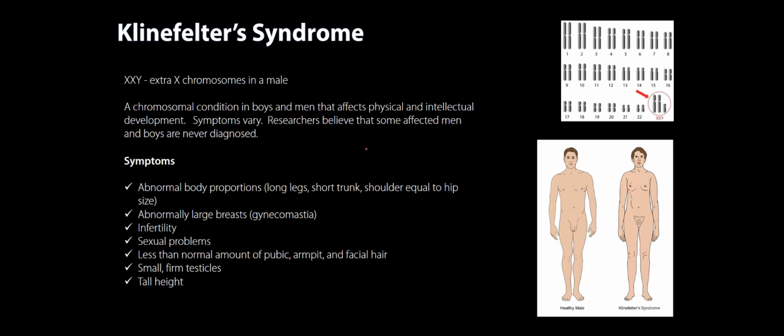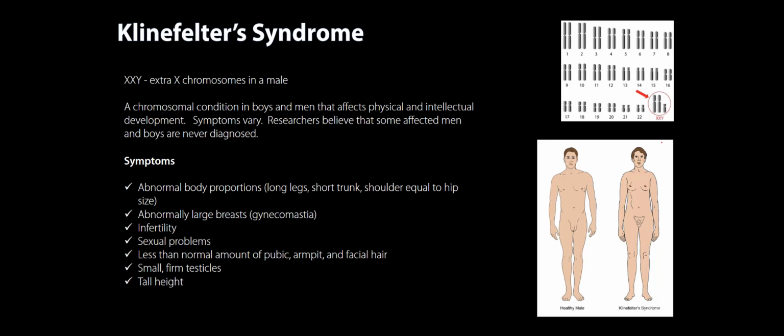Klinefelter syndrome is when you have extra X chromosomes. In this case, the male has 2 X chromosomes and then the Y chromosome. This is a very variable disease. In fact, some people are not even diagnosed when they have it, so it varies in severity.